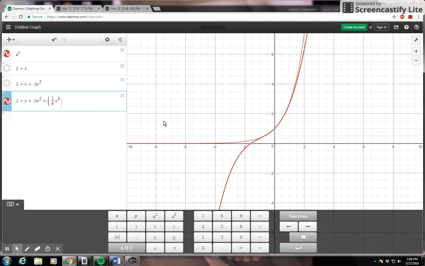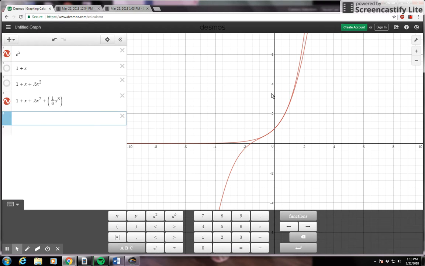Then you see this cubic function. Now it's really close to the curve from here to here. And the more terms you add, the better the approximation of this actual curve. And so each time that interval is going to get larger and larger and larger.